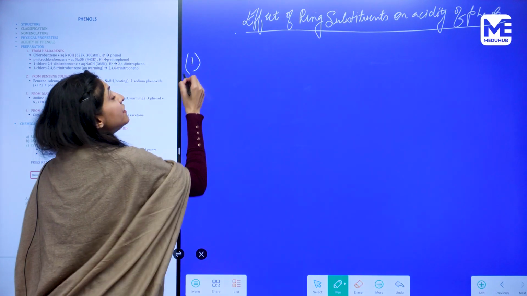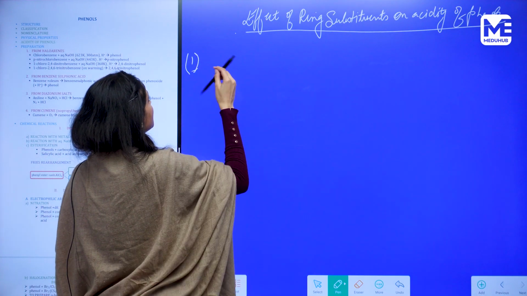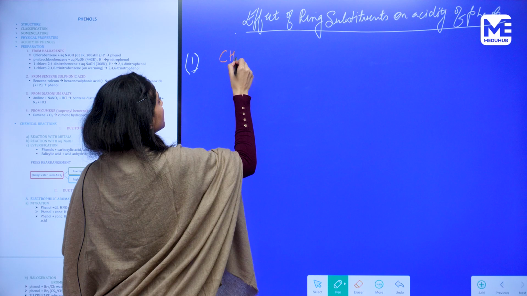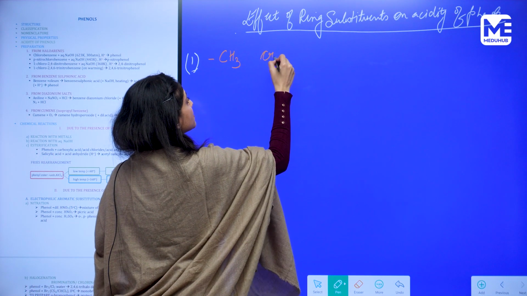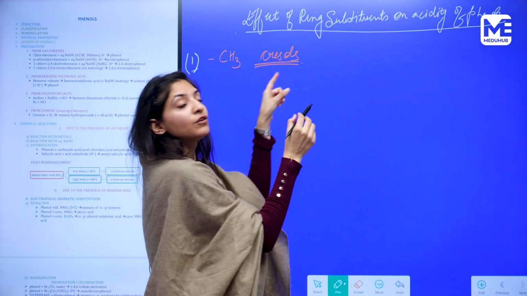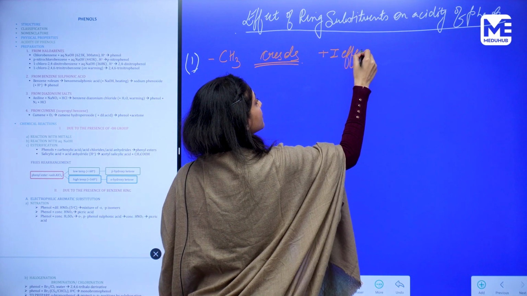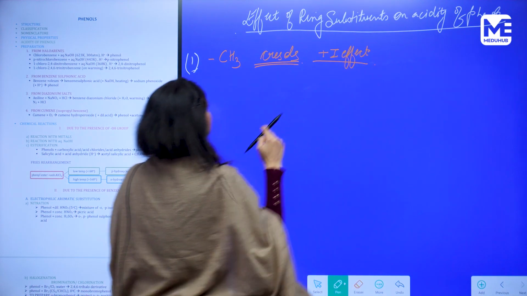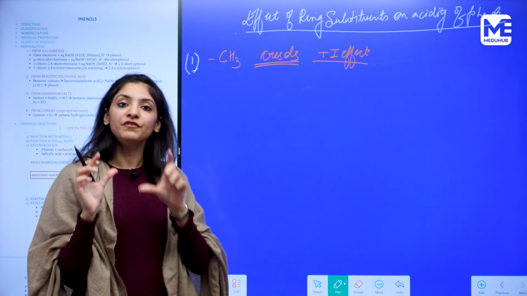So first, if we have a substituent like a methyl group, for example, in cresols. Okay, a methyl group has a strong plus I effect. So what happens, let's talk about this with respect to the stability of the phenoxide ion.